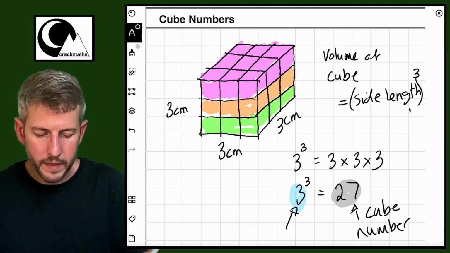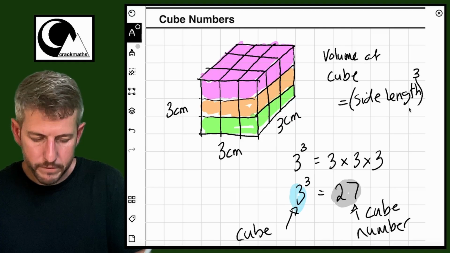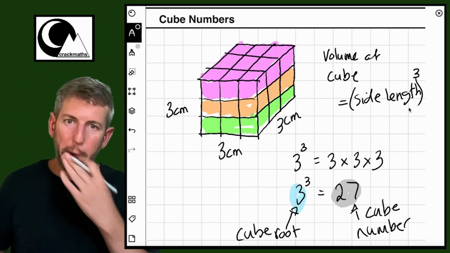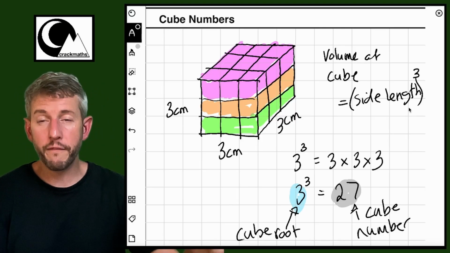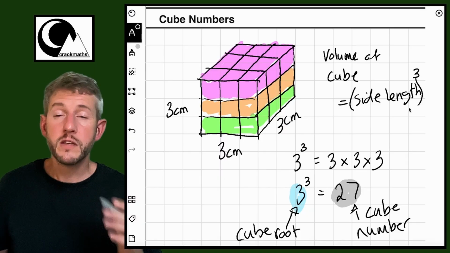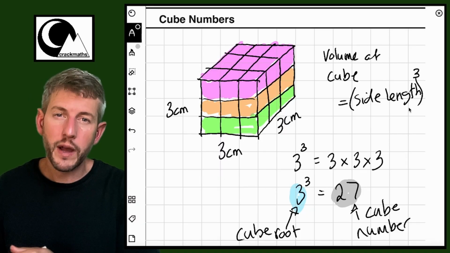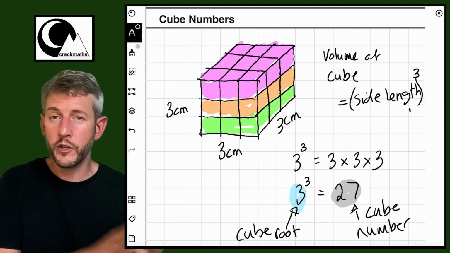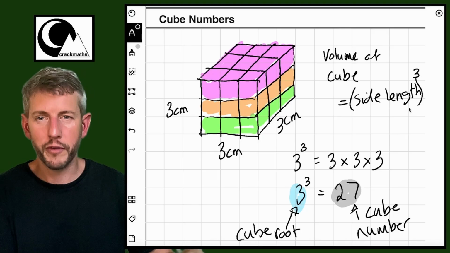It's all to do with the volume of a cube. Square numbers are all to do with the area of a square. Cube numbers are all to do with the volume of a cube.